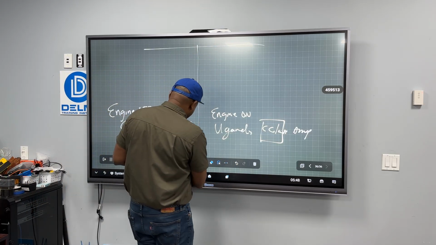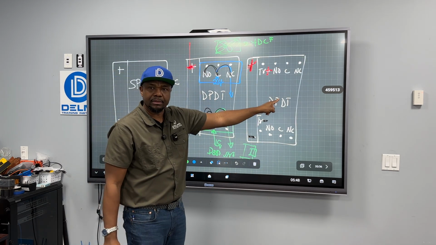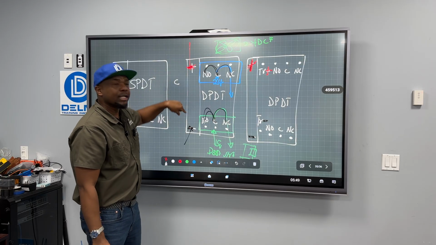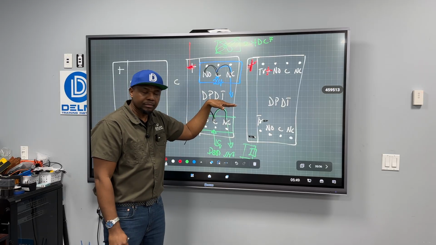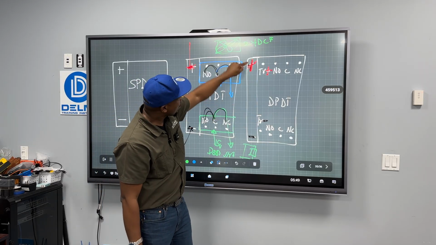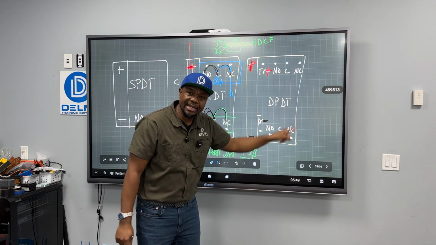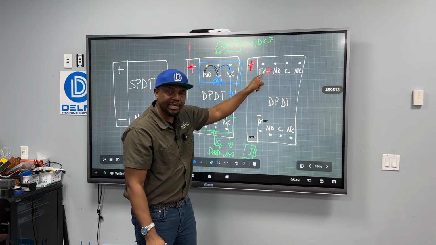The same thing happens when we look at these two types of relays. This one, we have to send power here to turn the relay on before the switching happens. But when you look here, we've already provided power to this relay. So this relay is already energized, but it's only waiting for a trigger.